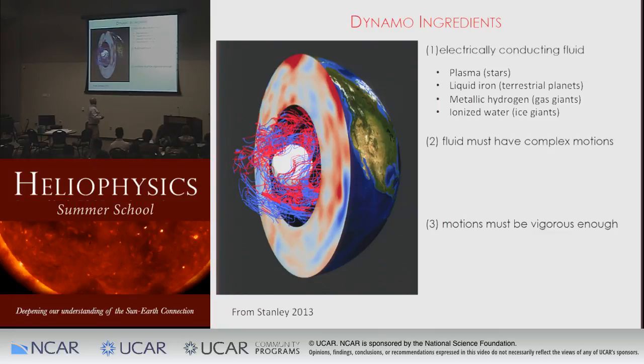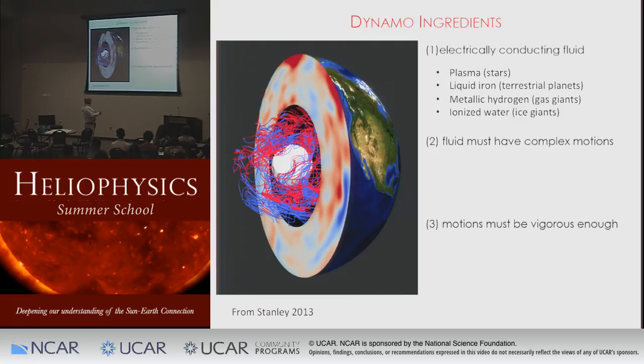So, depending on what system you're looking at, the conducting fluid will be different. For stars, it's just an ionized plasma. For things like the Earth, which we all know has a magnetic field, it's not a plasma, it's a liquid iron interior. So we have liquid iron inside the Earth. That is a good enough conductor. We'll see.